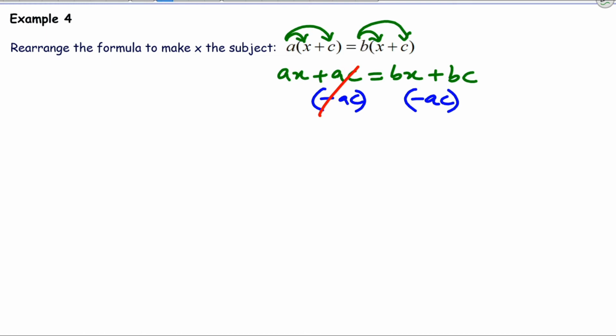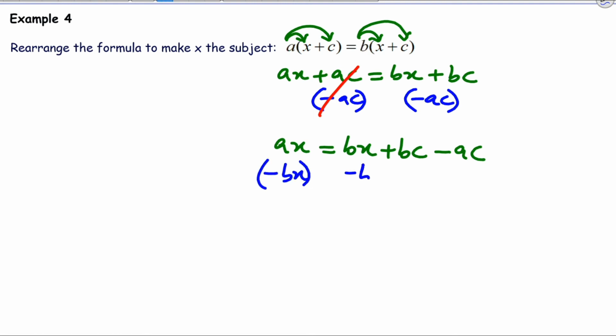So what will be left is ax equal to bx plus bc minus ac. Then we want to bring the x's to one side. So subtract bx. bx minus bx will be 0. So what you're left with here is ax minus bx equal to bc minus ac.